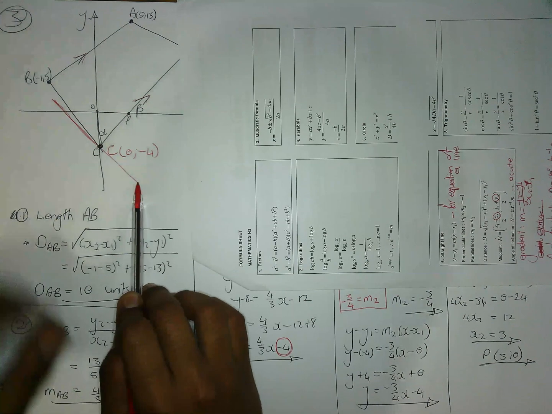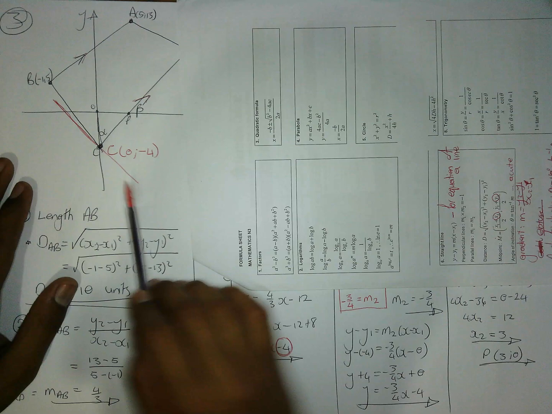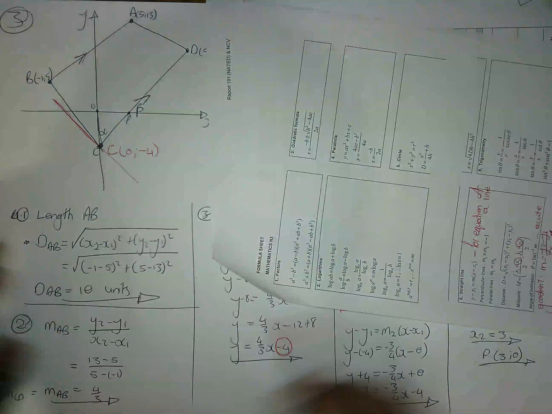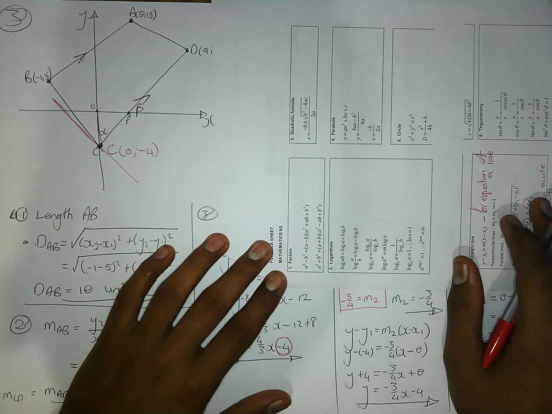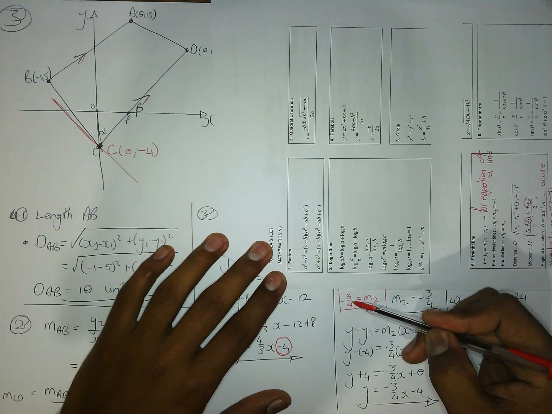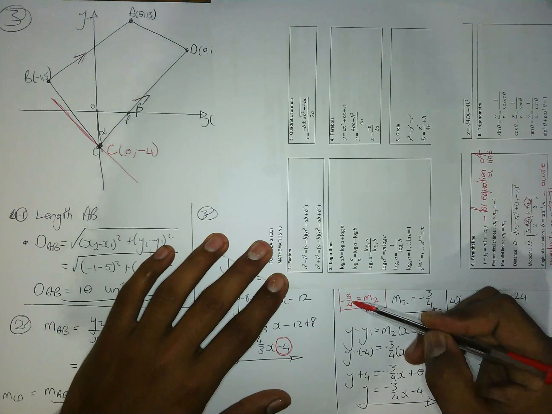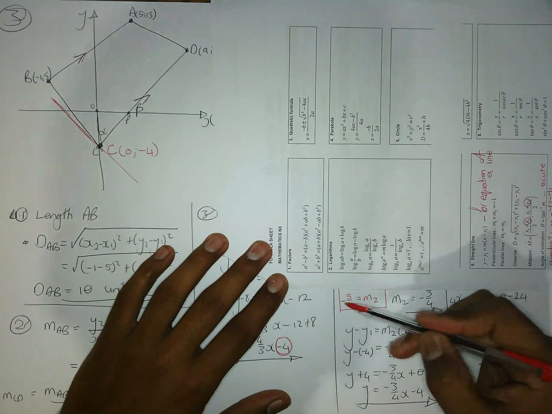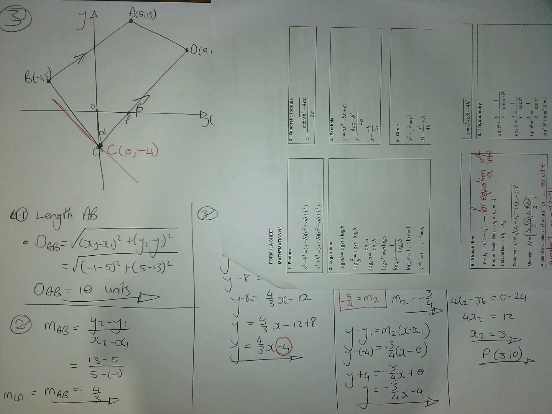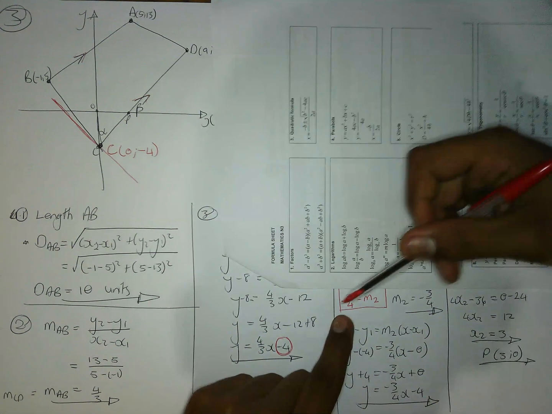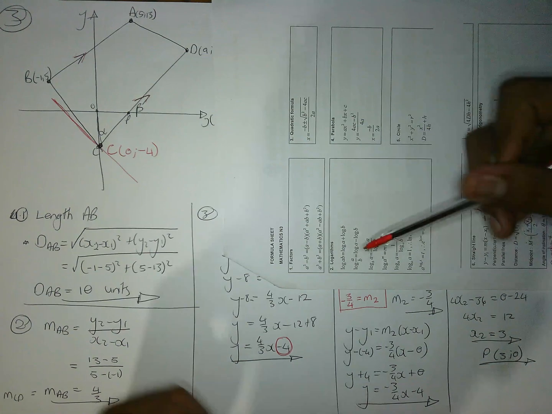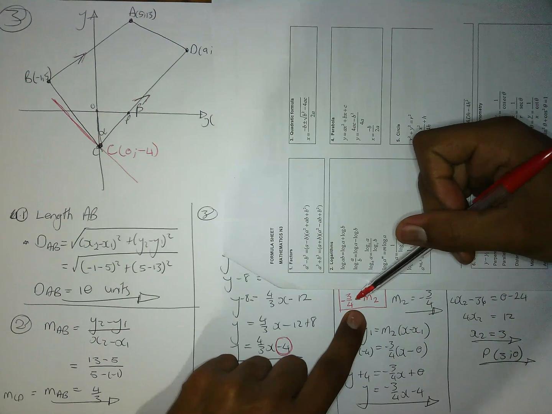If I had this gradient and I did not have the gradient of CD, to get my gradient CD I would have to do the reciprocal of this, which is 4 over 3, and if it had a negative, I must take away the negative.